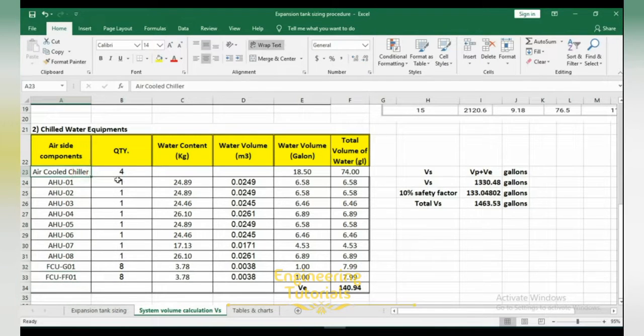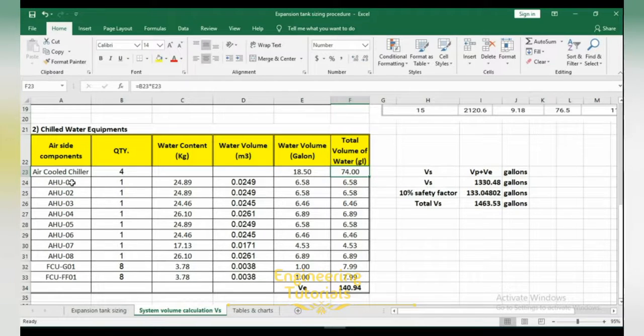The air cooled chillers we use in the project are 4. The water volume in gallons required per air cooled chiller is 18.5 gallons. You can get this value from the supplier directly. So you can write 18.5 or whatever value you have for your chiller. One chiller requires 18.5, so 4 chillers require 74 gallons.